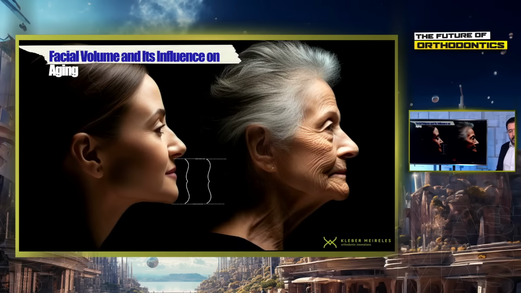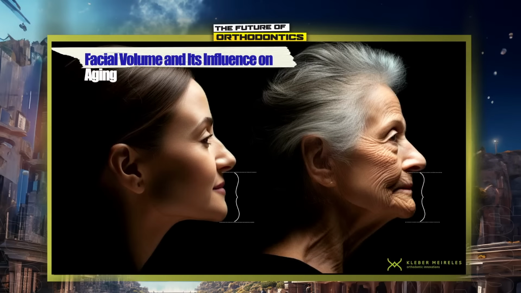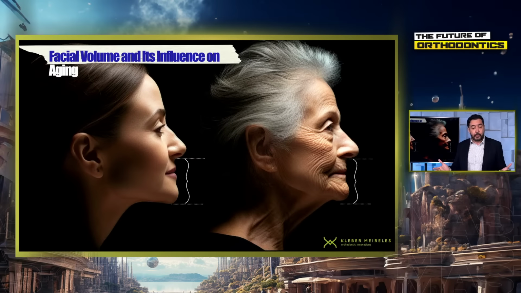We see here that this young lady going older, she's diminishing, she's decreasing her lower anterior face height volume, which is going to eventually happen to everyone. We can change that, yes we can, but I think we need to respect also the age. And we need to ask our patient, do you want to change that?